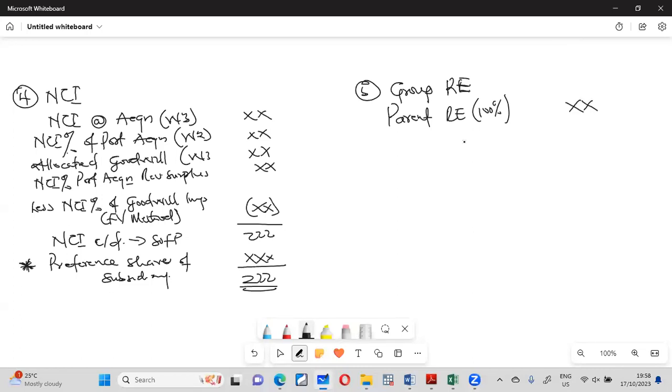So you have that, the parent's 100%. Then you bring in the same thing you did here, NCI share of post-acquisition. Here will be the CI share of post-acquisition profit. Here we are talking about the controlling, the parent. The CI share of post-acquisition profit comes from your workings 2. You will do the CI percentage, which in this example is 60% of that figure you had there.